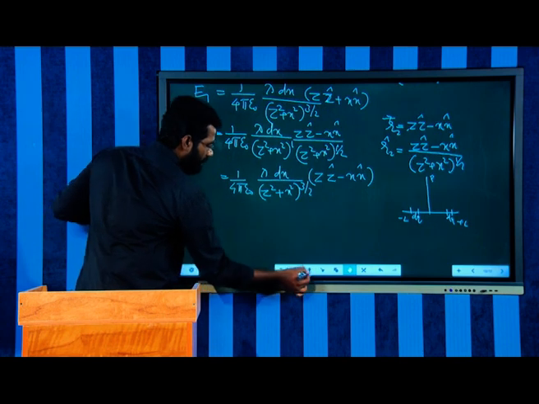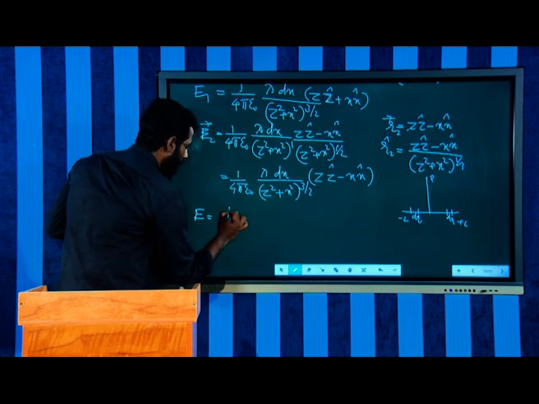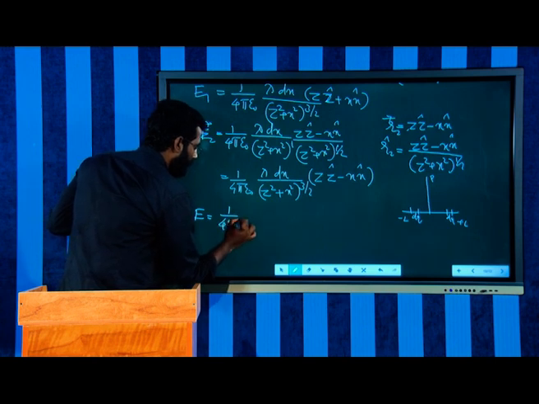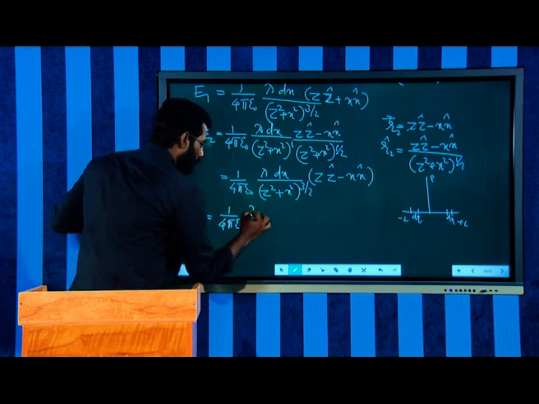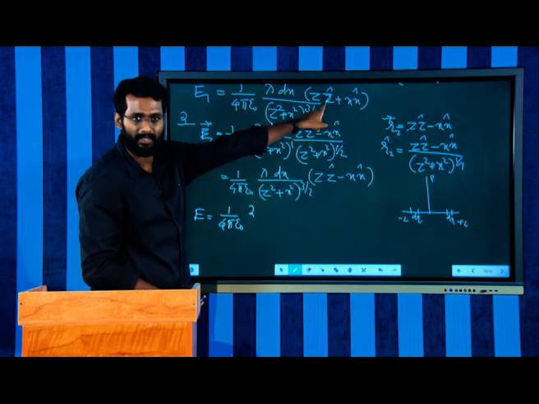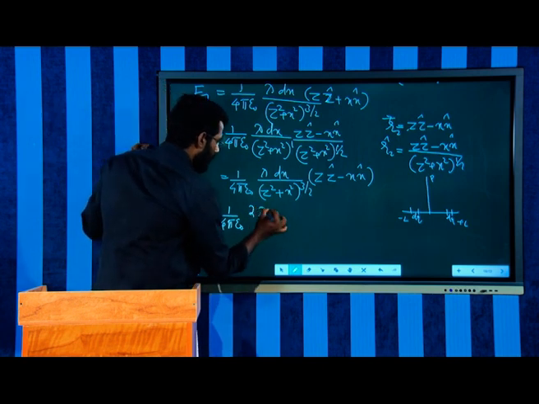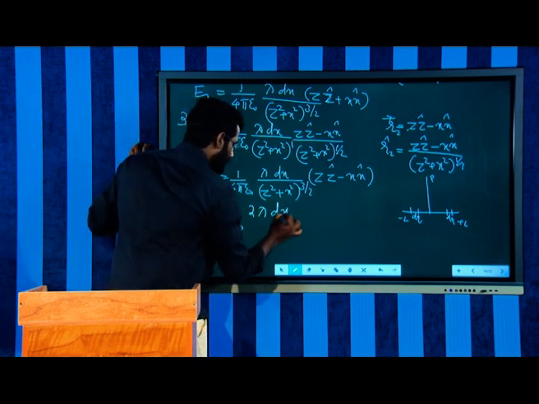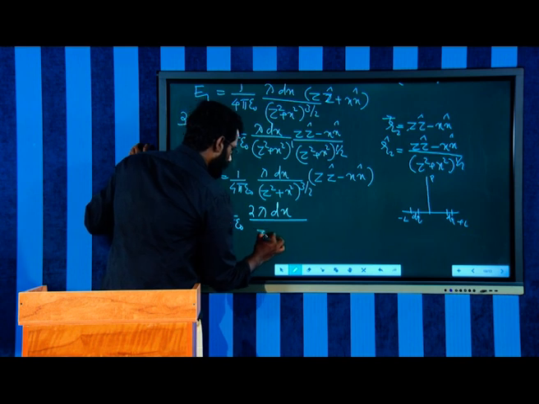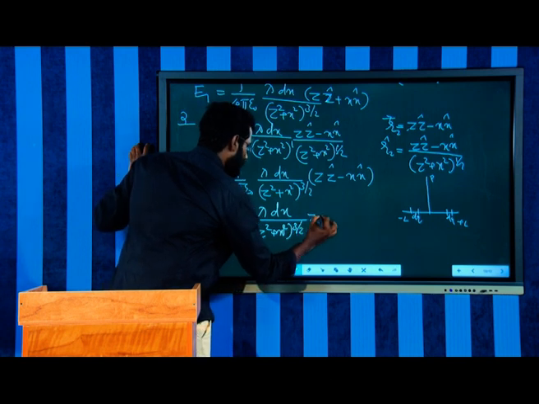So, I can write E is equal to 1 by 4 pi epsilon 0 into 2, because here a z cap, here also a z cap, so they sum up to 2, that is 2 lambda dx divided by z square plus x square the whole raised to 3 by 2 into z cap.